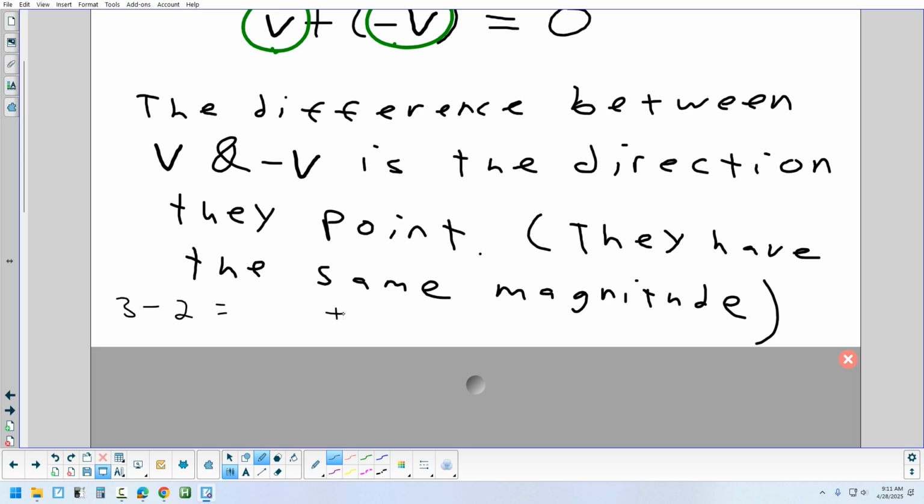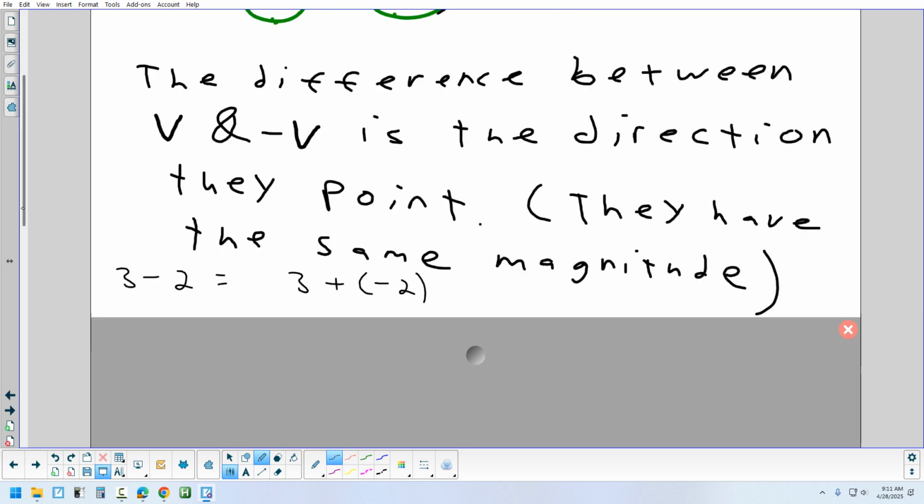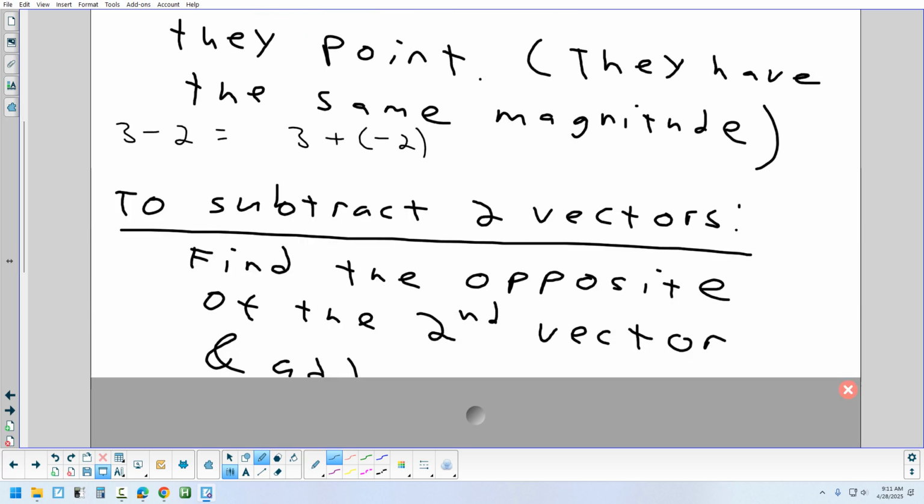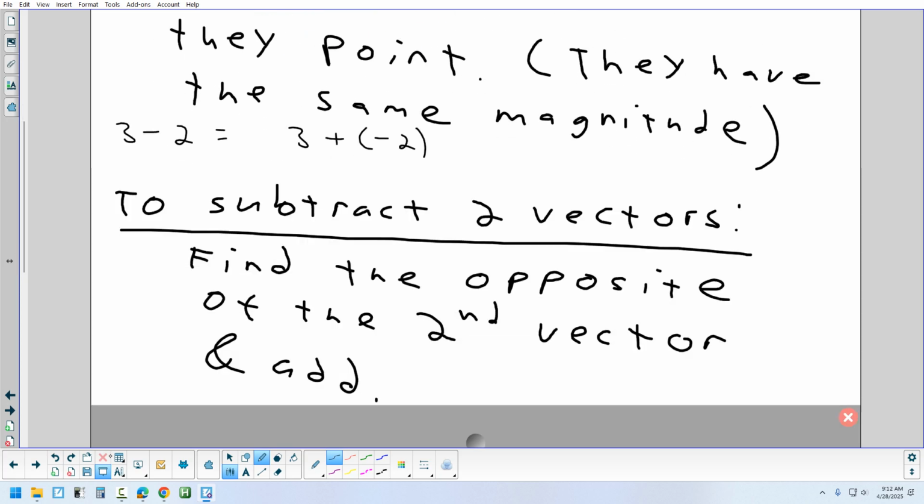Yeah, 3 plus -2. 3 plus the opposite of the second number. That's how you do subtraction. Subtraction is just addition of the opposite. And that's exactly how we're going to do subtraction with vectors. We're going to do addition of the opposite.